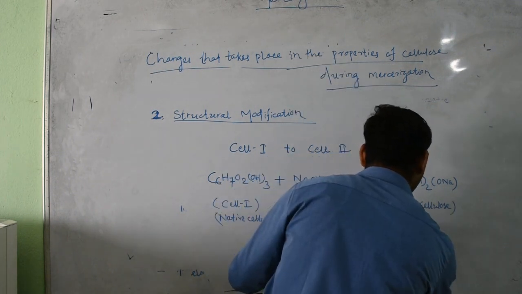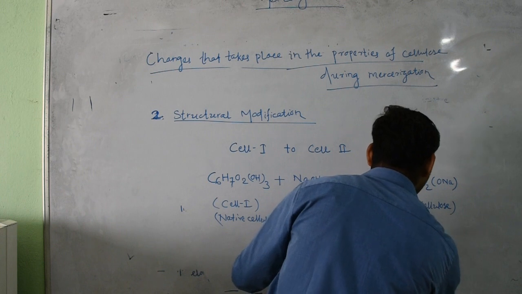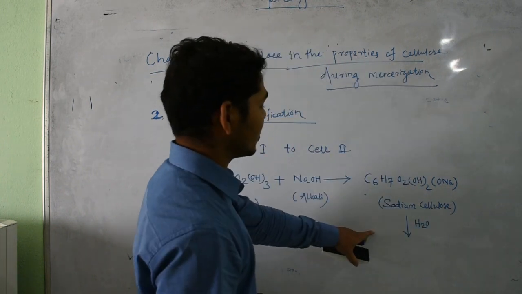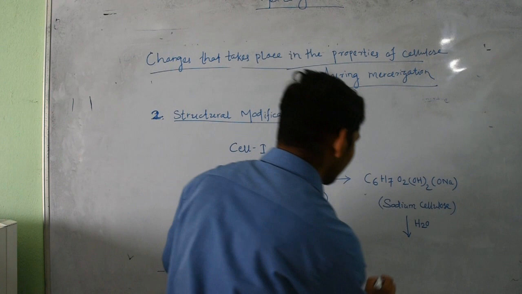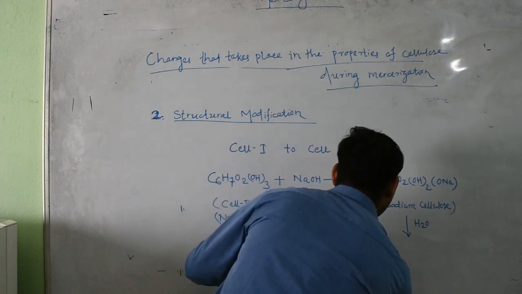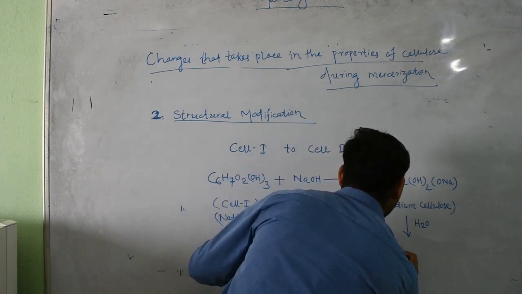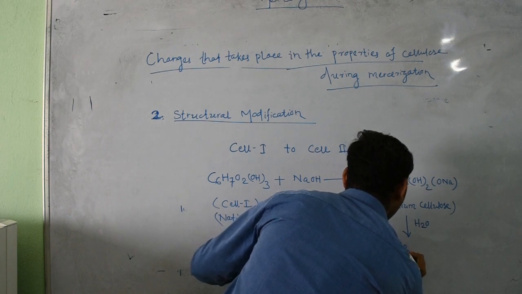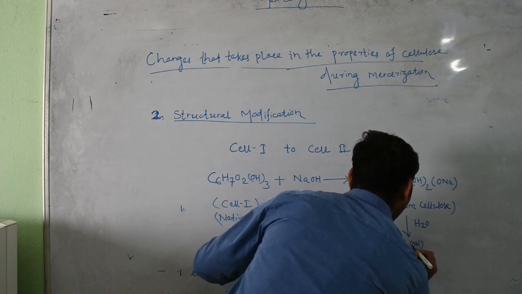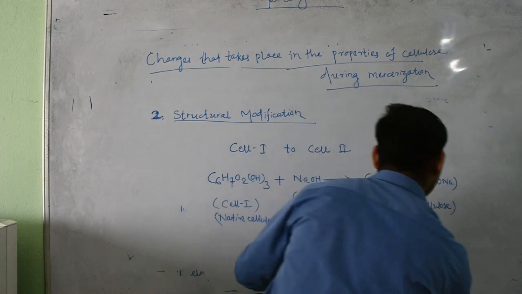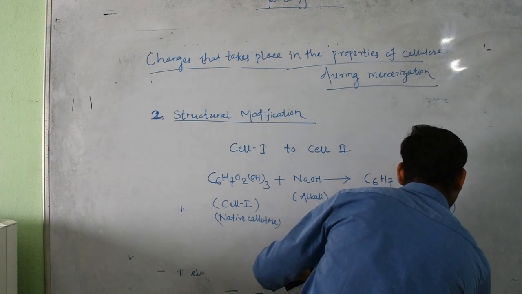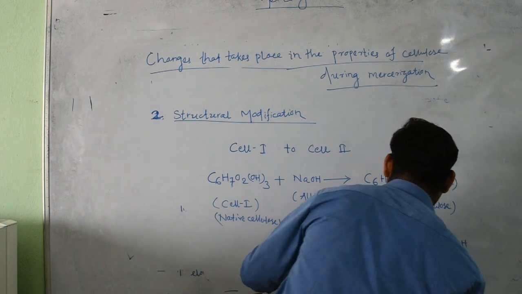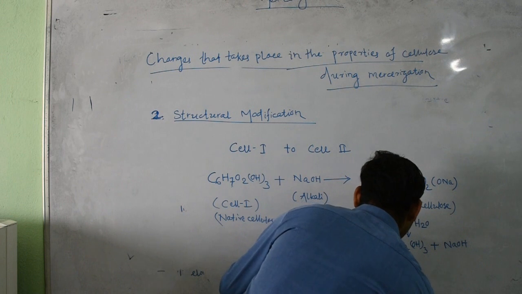Again, when it undergoes hydrolysis, it again gets converted into this, which is called as cellulose second.